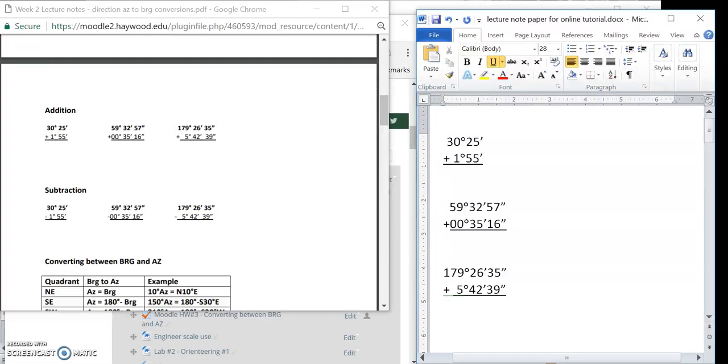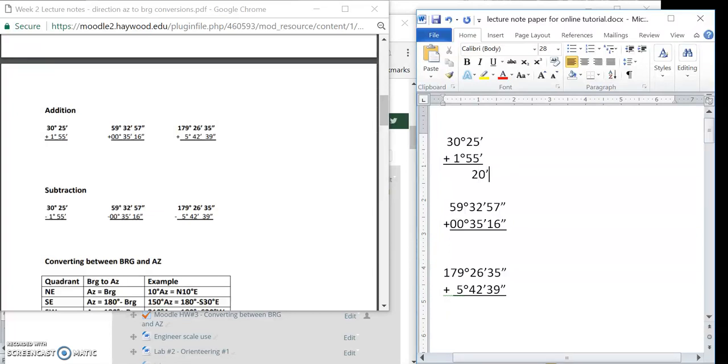Well, 5 plus 5 is 10. The 1 gets carried over, right? So now it's 1 plus 2 is 3 plus 5, that's 8. Remember, every time I hit 60, I've got to carry over. So I hit 80, and I've got to subtract 60 from it. That's going to leave me 20 right here.